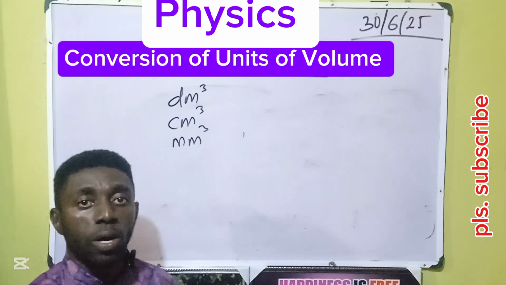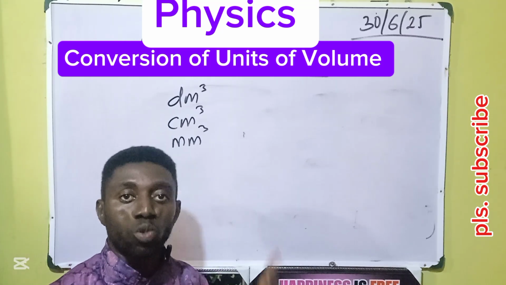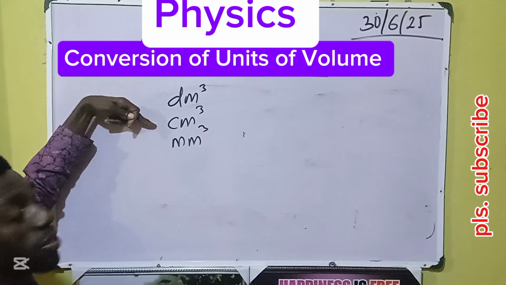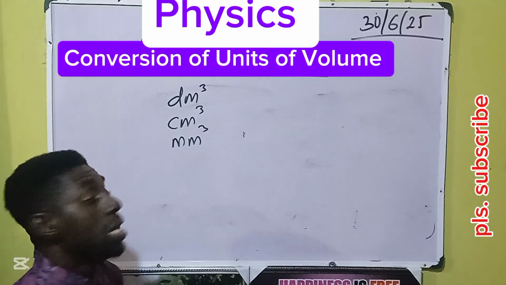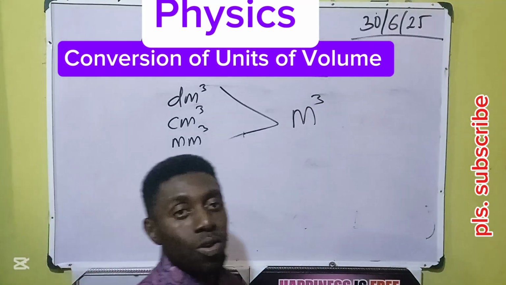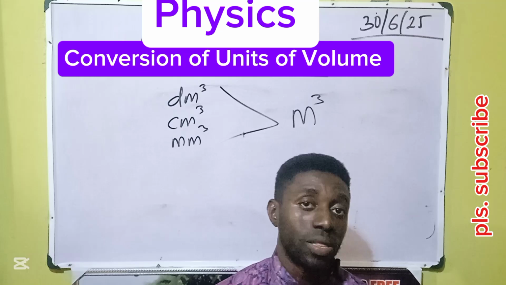Okay, you can see from the board some other units of measurement that we use in volume. We have decimeter cube, centimeter cube, millimeter cube, and we want to target meter cube. So we'll be doing a very simple task. But before then, I want to remind you of something.